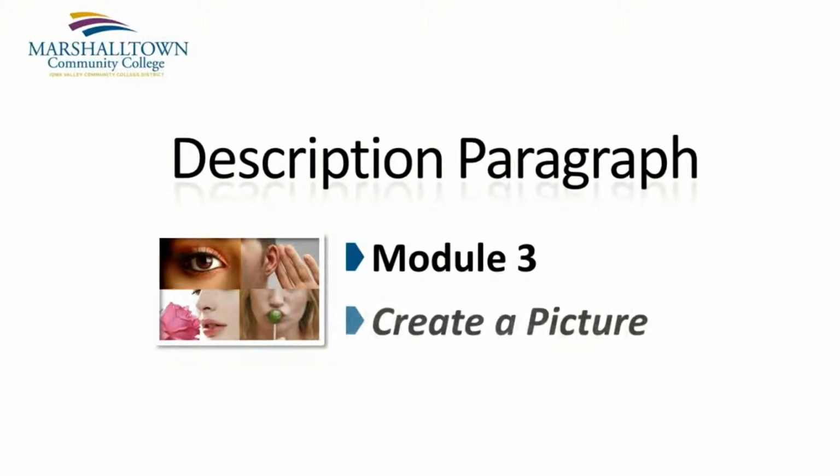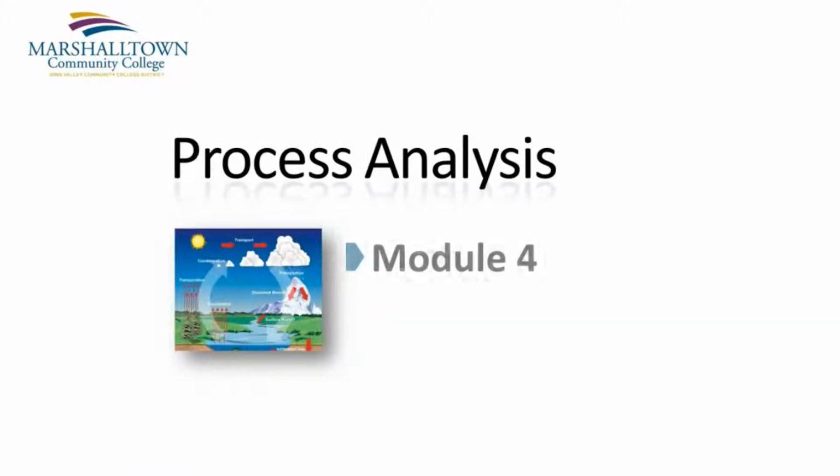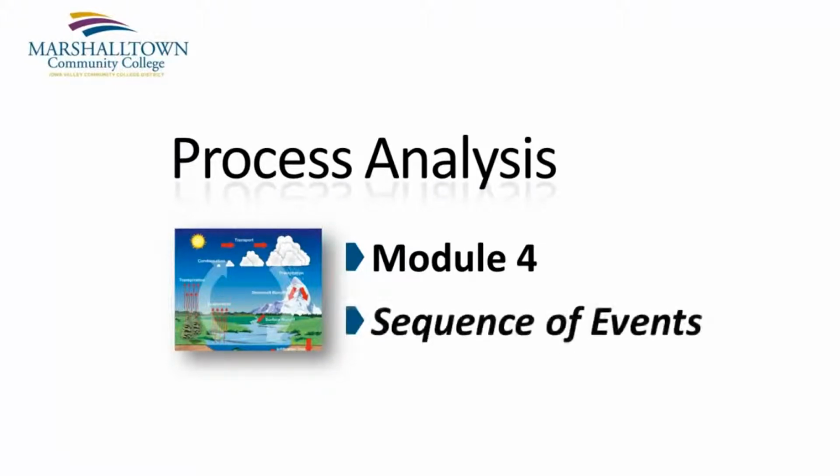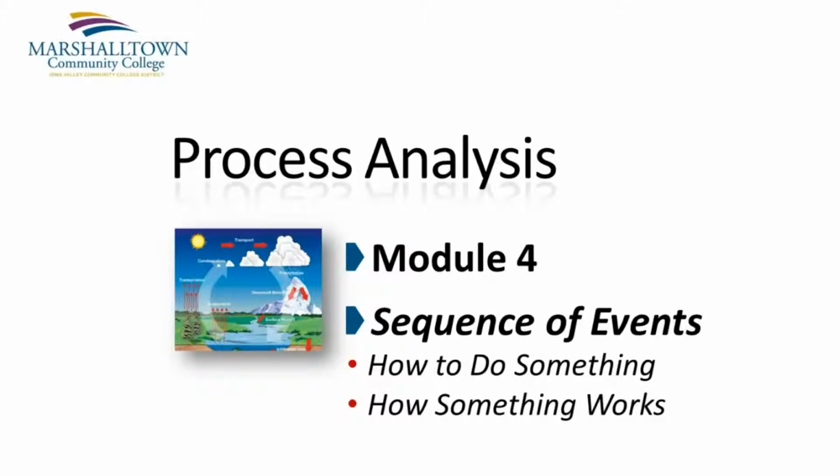This type of paragraph is perfect for creating a vivid picture of something for your readers, using details that appeal to the senses like sight, hearing, smell, taste, and touch. The process analysis paragraph is from Module 4. This type of paragraph is all about explaining a sequence of events. I'll let you decide which type of process you want to write about, how to do something, or how something works.